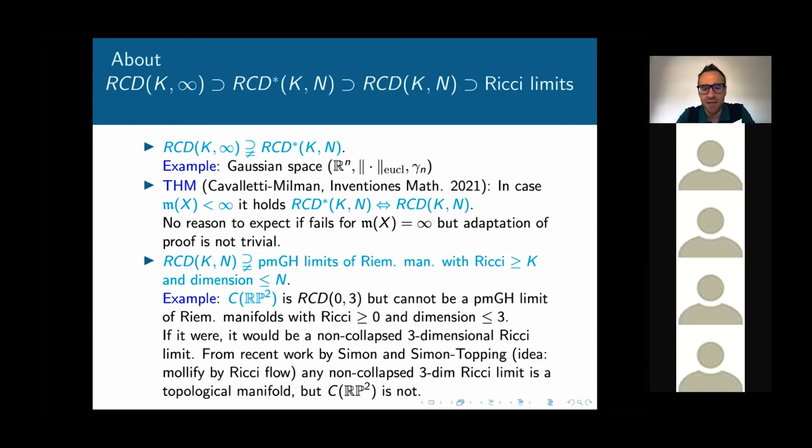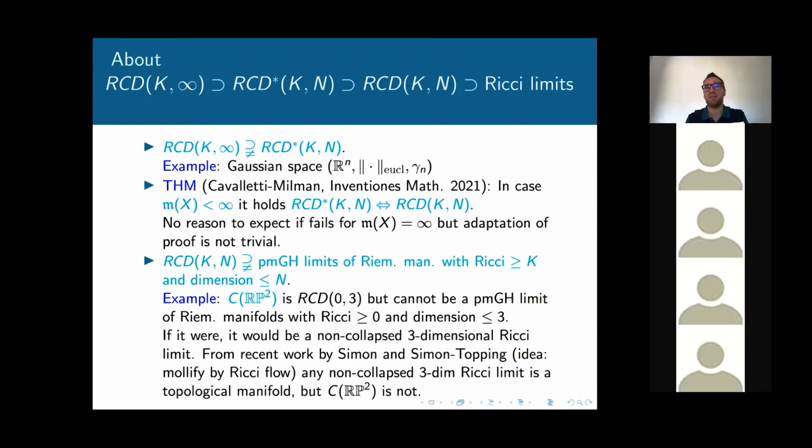However, I see this as a kind of fact which has both a positive and a negative side. The positive side is that you have a larger class of spaces where you can prove a lot of theorems, which hold in a more general setting than Ricci limits.